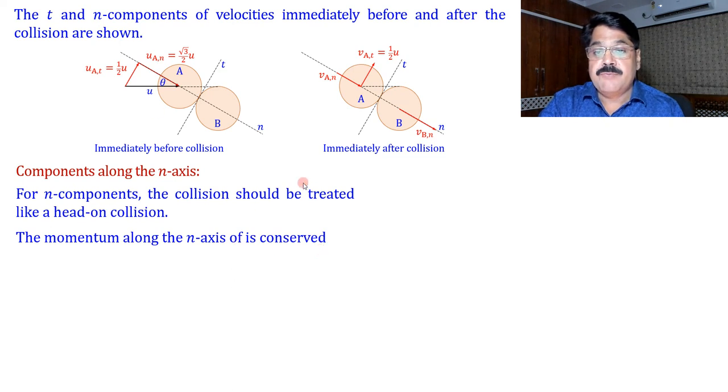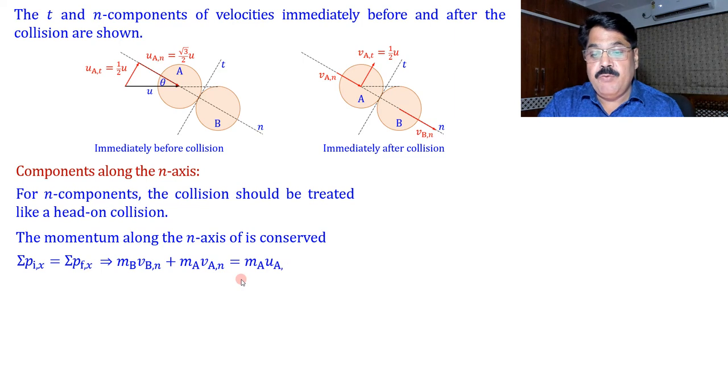So along the n-axis, what is the momentum after? mb vbn plus ma van is equal to ma uan plus mb into 0. So sum of p initial is equal to sum of p final. So we write mb vbn plus ma van is equal to ma uan plus mb ubn.